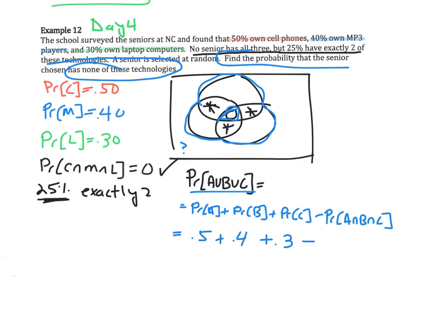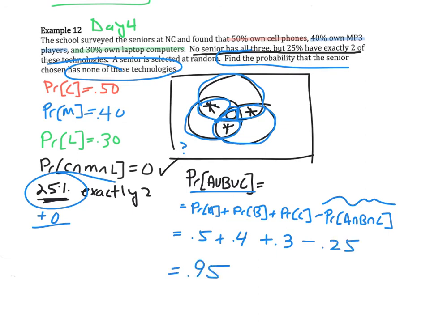Okay, so we need to take this with a grain of salt and understand that that means here, here, here. Well, that's just going to be 25% plus 0. So 0.25, and we get 95. Therefore, if 95% is in here, that must mean 5% is out here. So our final answer is 0.05.